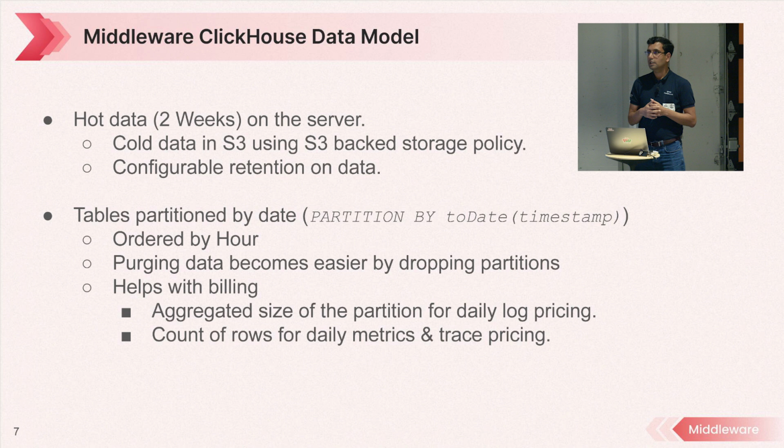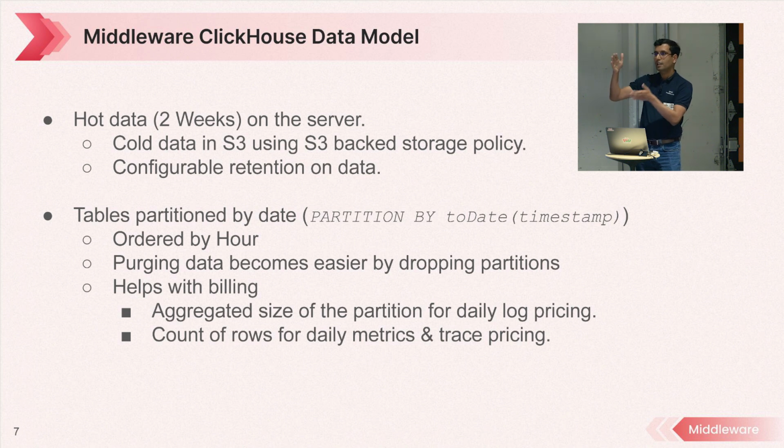Another side benefit is it helps us with the billing. So we charge customers based, for the logs, on the size of the logs that you send. And for metrics and traces, it's the number of events that you send. So with partition, each partition is per day. So we count the size of that partition every day.